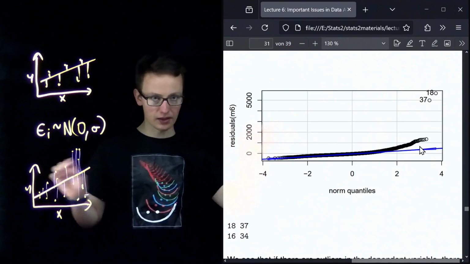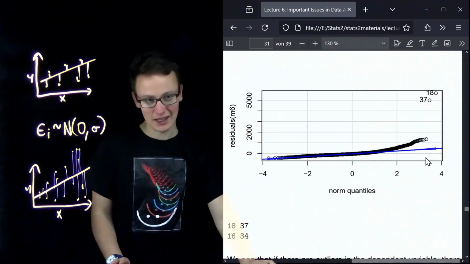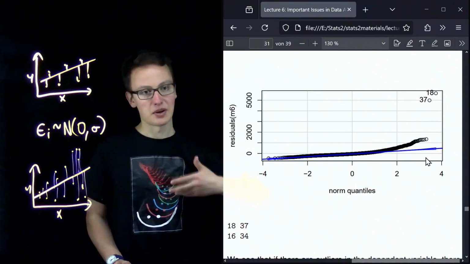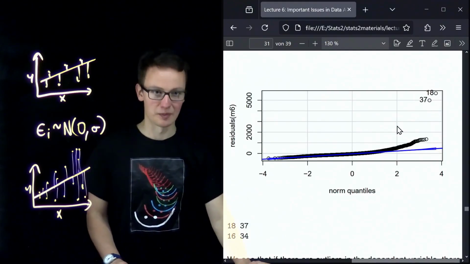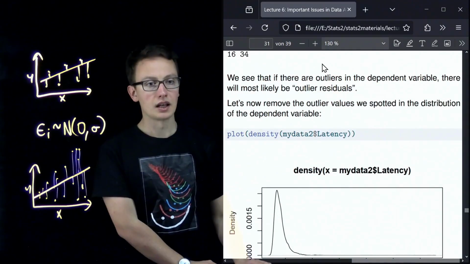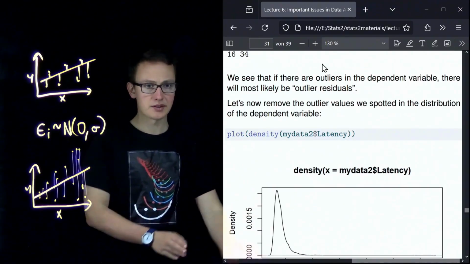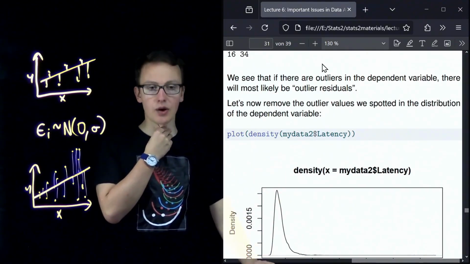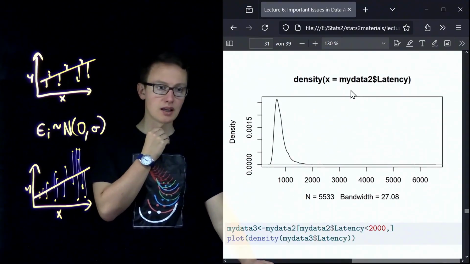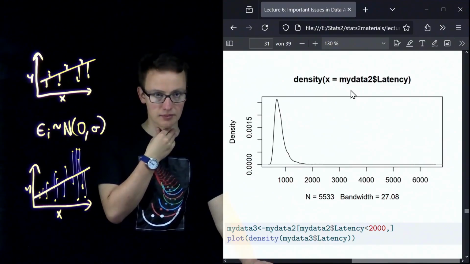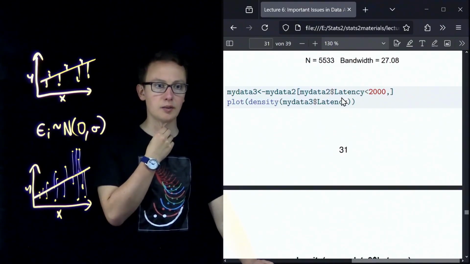You see a blue diagonal where the values should lie if it was normal, and depending on how far off they are, it tells us how extremely the assumption of normality is violated. Now, the next thing is we can try to remove these two outlier residuals that we saw above, and then see how the QQ plot visualization changes.